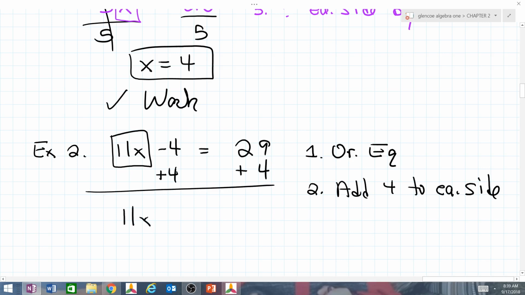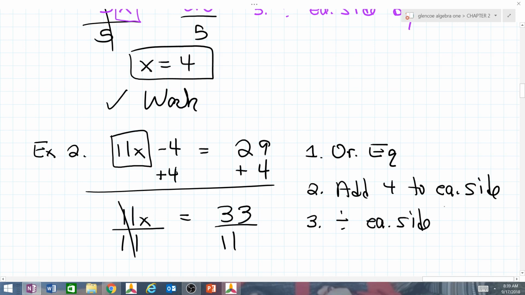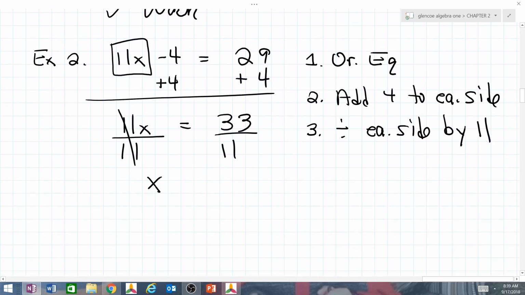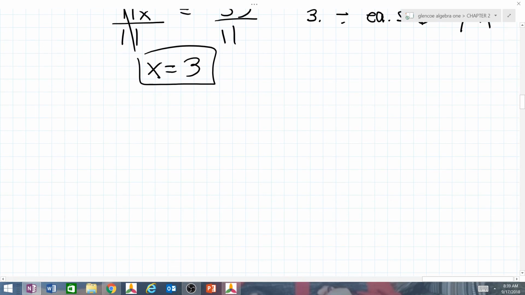And I now get 11x equals 33. Next step, 11 and x are kissing, no kissing, so I divide each side by 11. And we get x equals 3. So we can check our work real quickly. 11 times 3 is 33. 33 minus 4 is 29. Any questions up to this point? Okay, let's look at our next question.